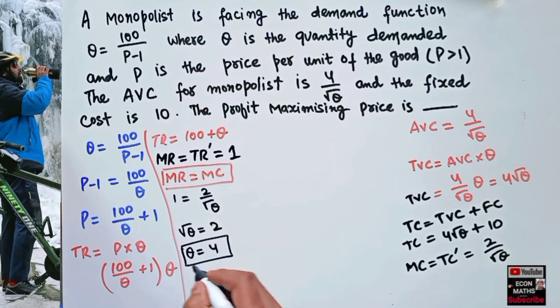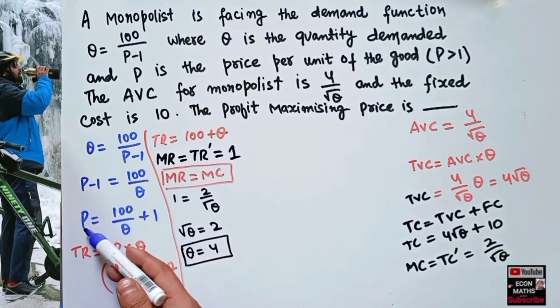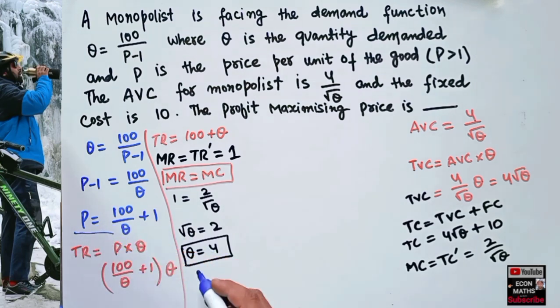That means the quantity produced should be equal to 4. And what will be the price then? Put q equal to 4 in the demand function, so our p will be equal to 100 upon 4 plus 1. That means the price would be equal to 26.